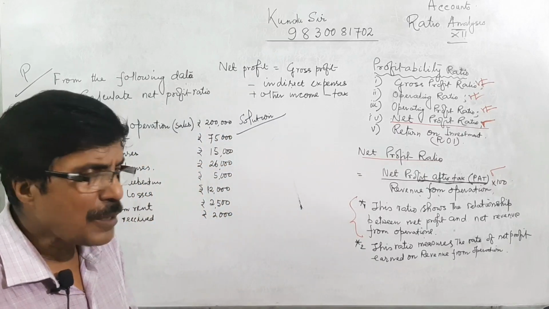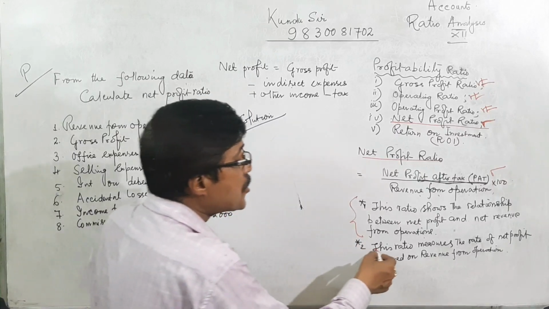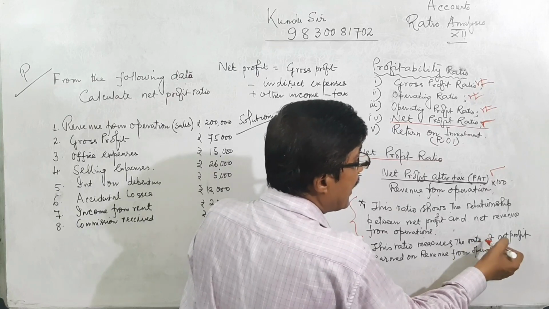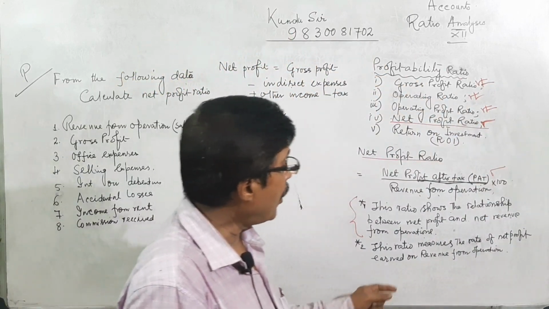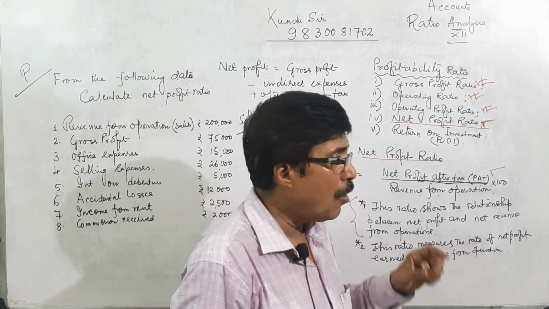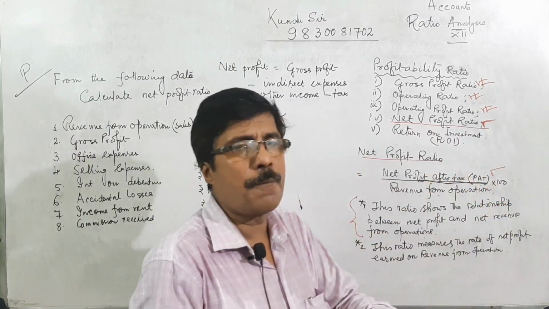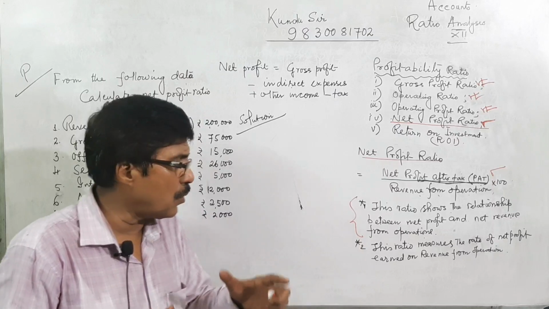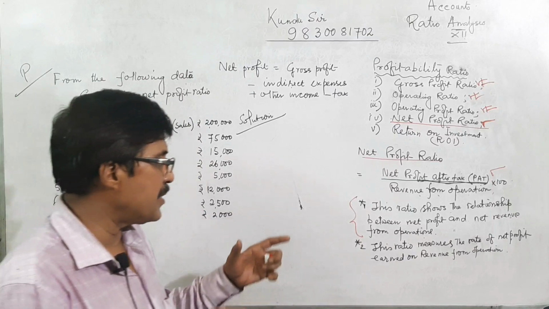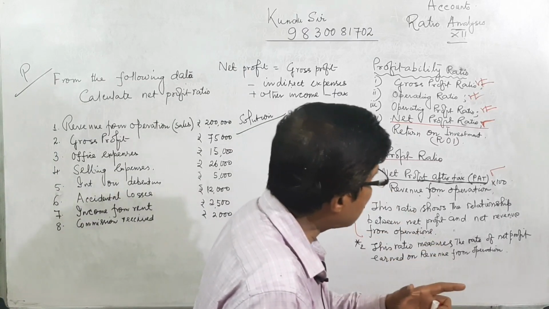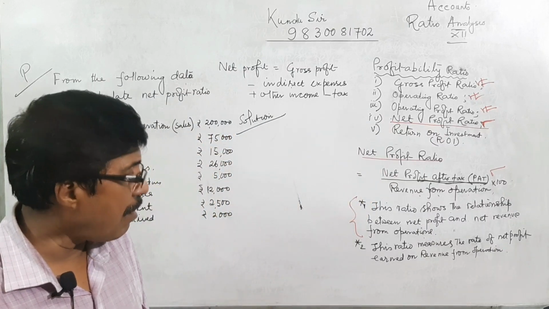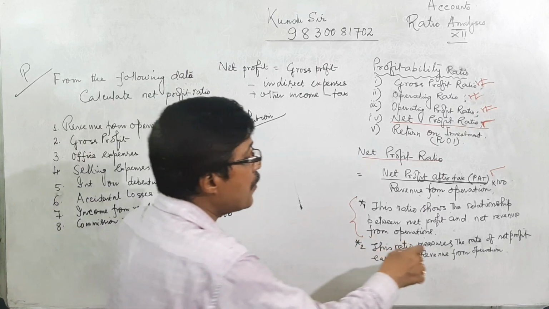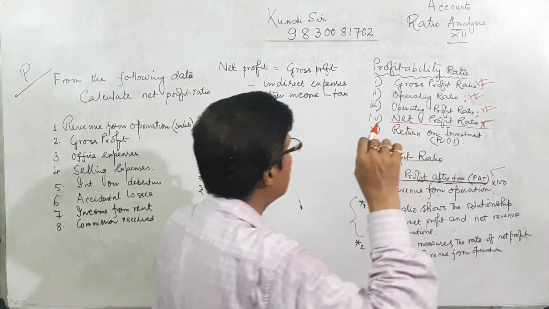Now, what is the purpose? This ratio measures the rate of net profit earned on revenue from operations.